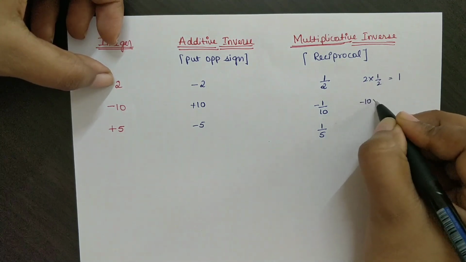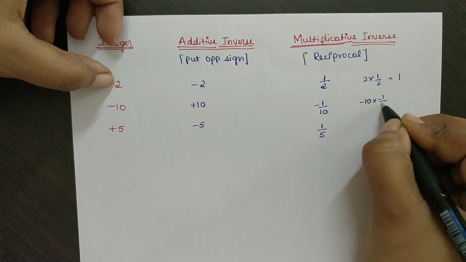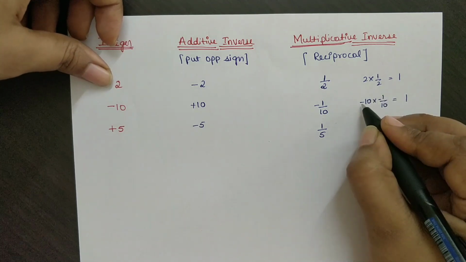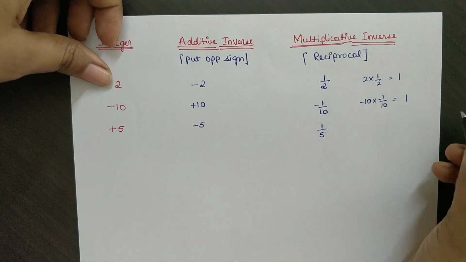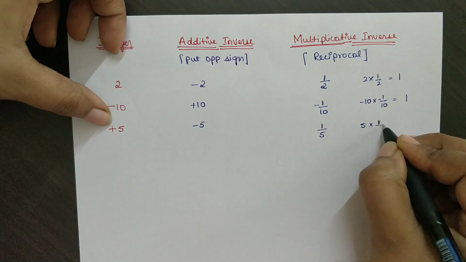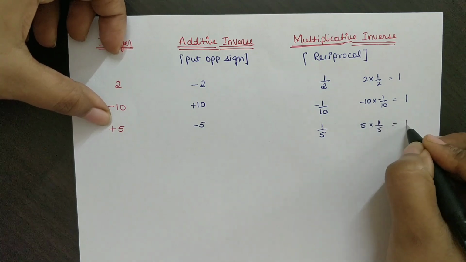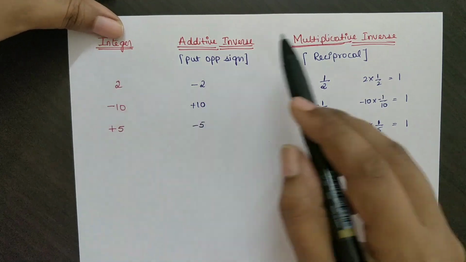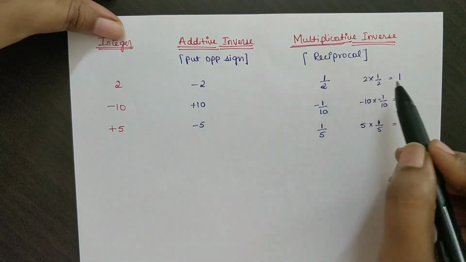Minus 10 into minus 1 by 10 equal to 1. 10, 10 cancel, minus into minus is plus. Plus 5 into 1 by 5 equal to 1. That means if we multiply an integer with its reciprocal, the product will be 1.